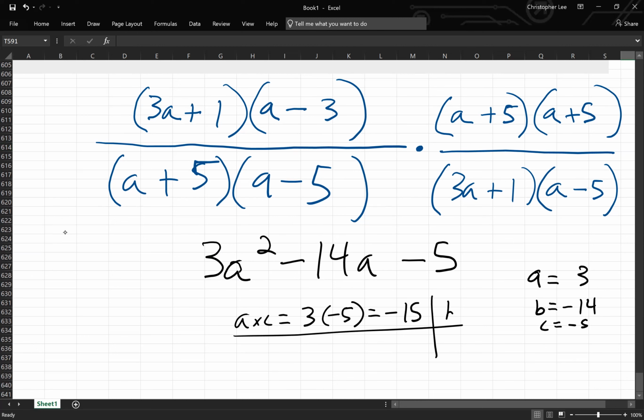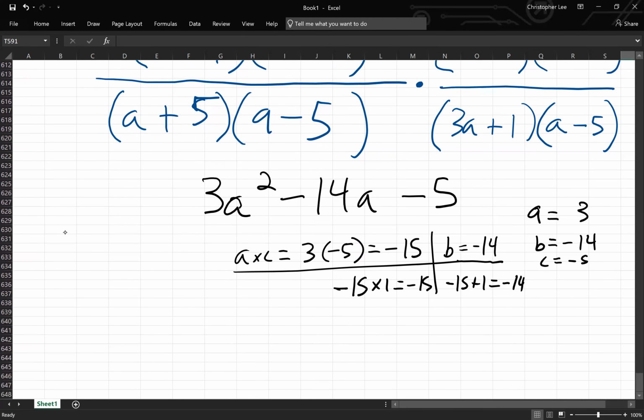And what's my b term? -14. Now I need two numbers that when I multiply it will give me a -15, but when I add them together will give me a -14. What are they? -15 and 1, right? So -15 times 1, that's -15. -15 plus 1, that's -14, right?